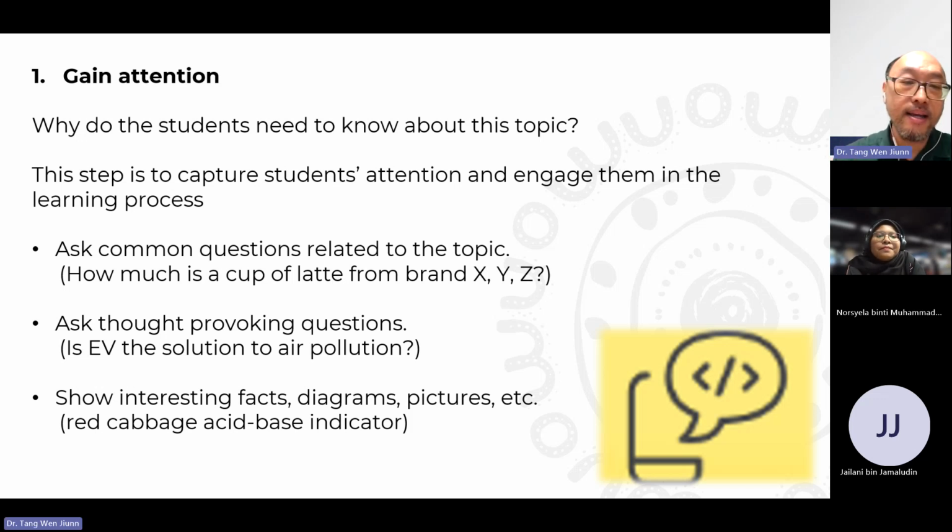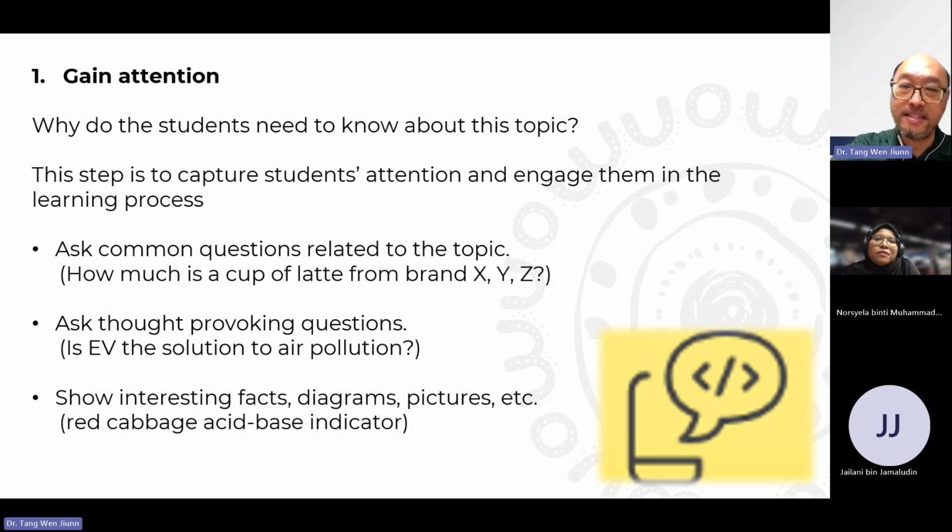For example, for science I'll have a lot of questions, because there's a background there. You can show them red cabbage juice in lemon and in sodium carbonate, and they'll give you different colors. If your topic is about acid and base, you can start with this.